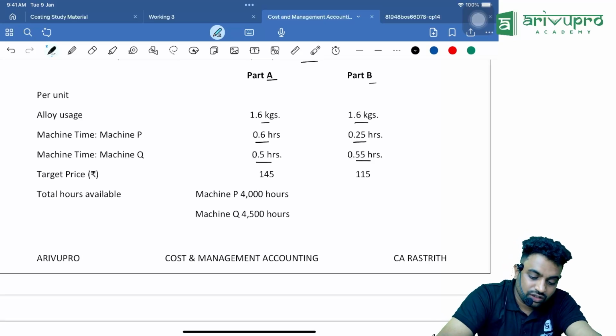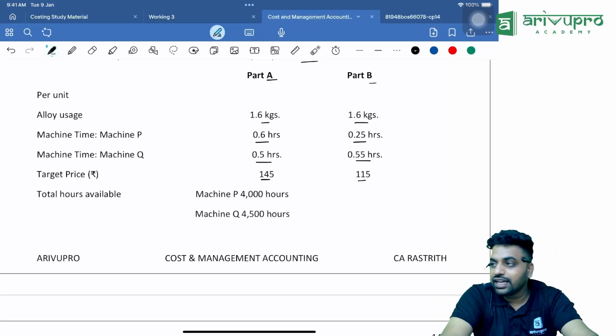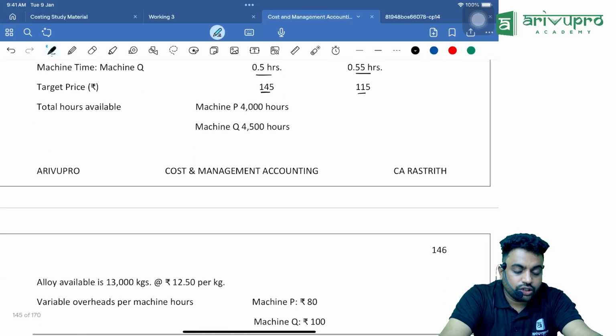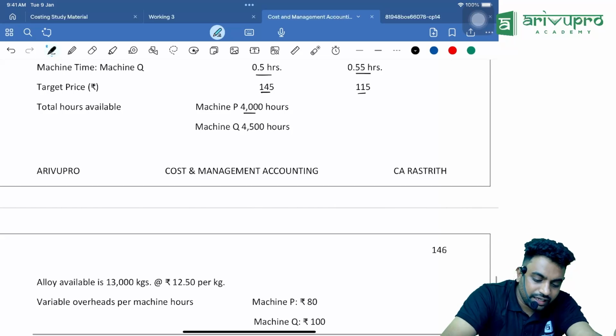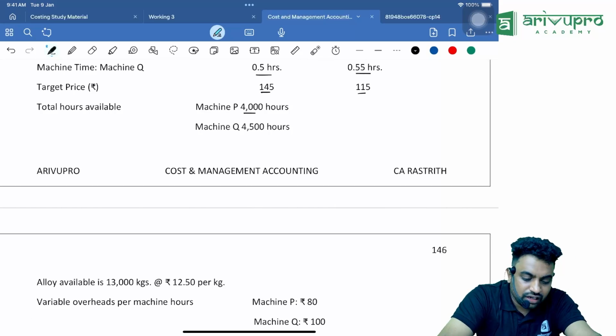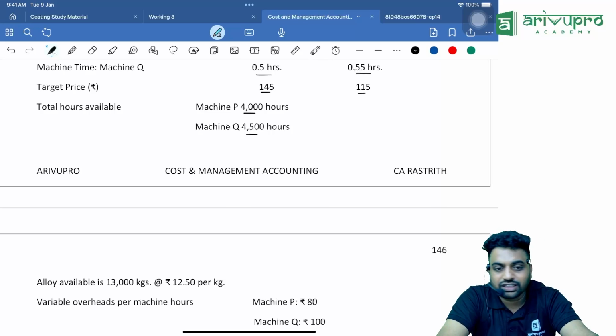Target price 145, 115. Target price means the price at which we are selling. Total hours available: P 4000 hours, Q 4500 hours.